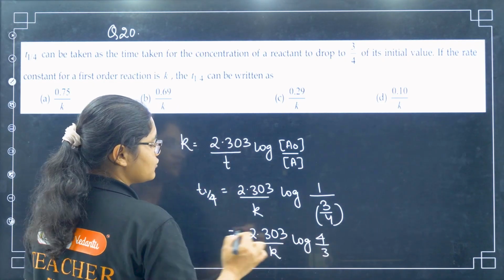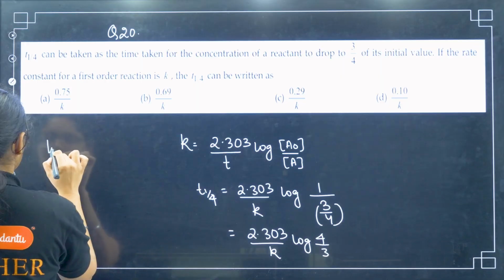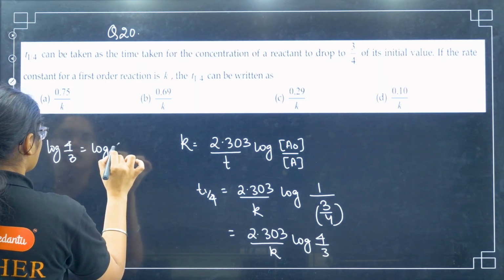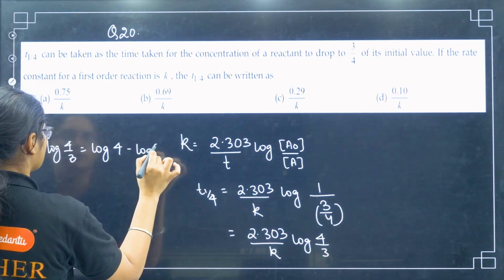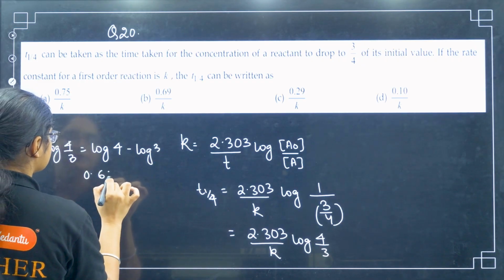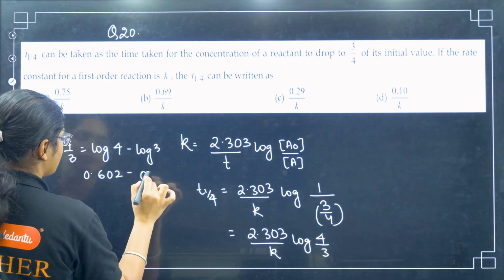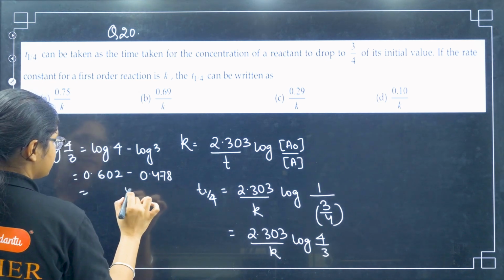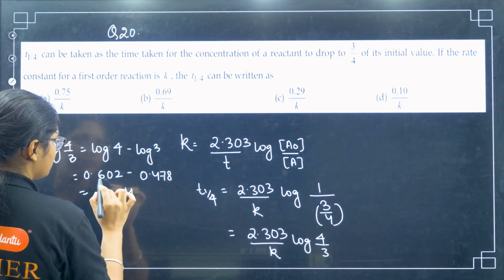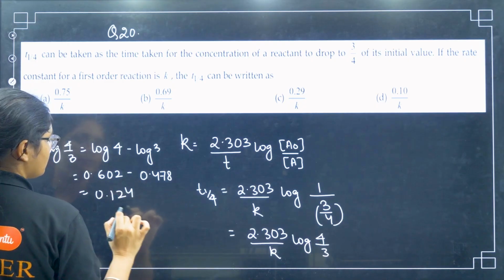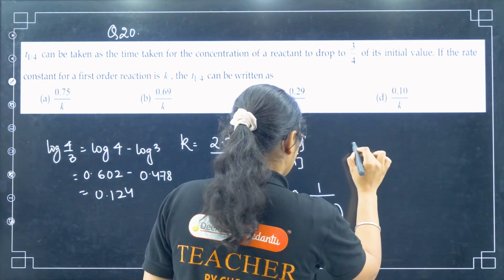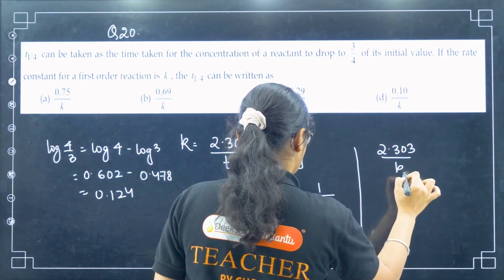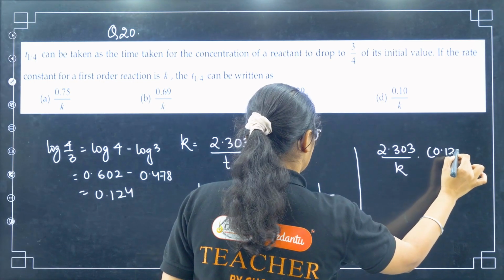Now I can solve log 4/3, very easy. Log 4/3 is equal to what? Log 4 minus log 3, right? Log 4 is 0.602 and this one is 0.478. So if I subtract, 12 minus 8 will be 4, 9 minus 7 will be 2, 5 minus 4 will be 1, so I will get 0.124. So I can see 2.303 by K into 0.124.